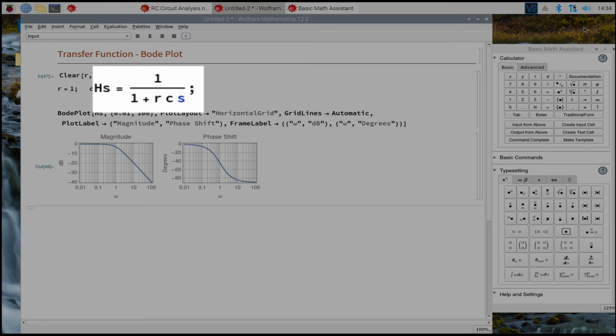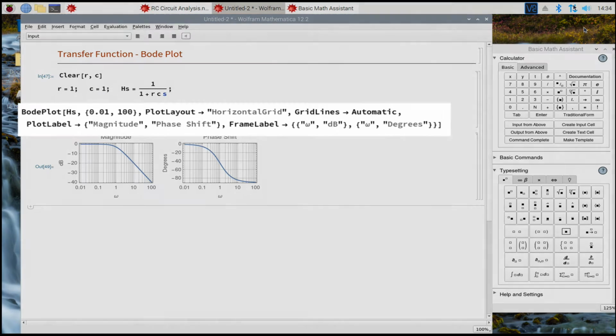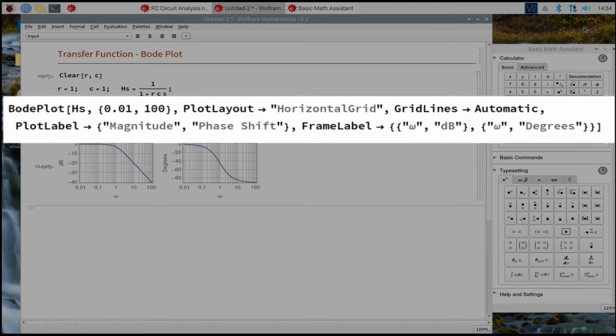A much simpler way to do this is to use the Bode plot. Iω is replaced by the Laplacian operator S.